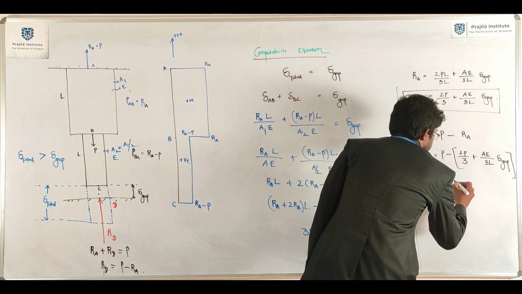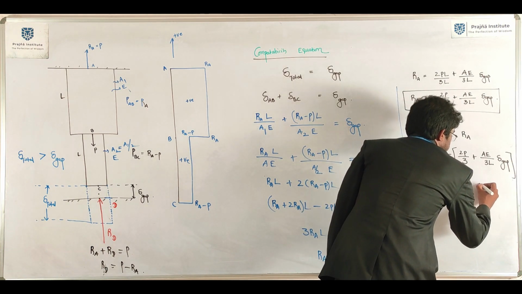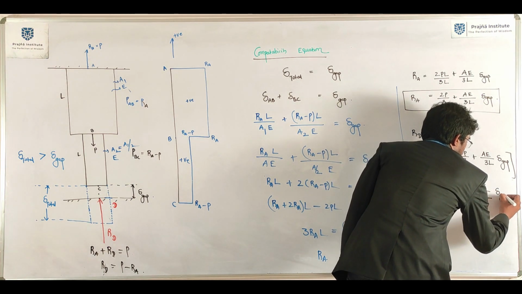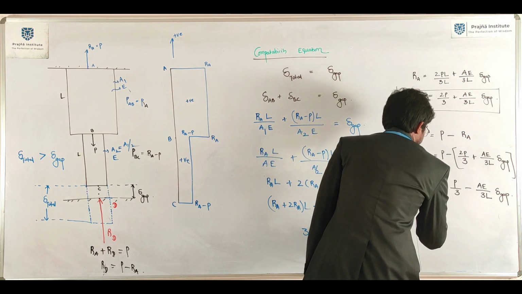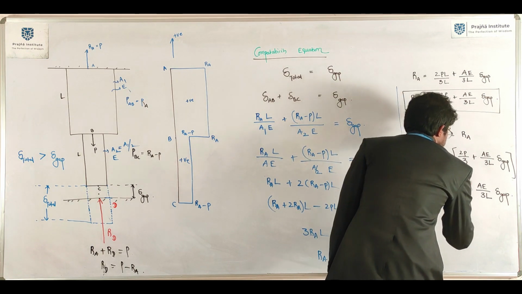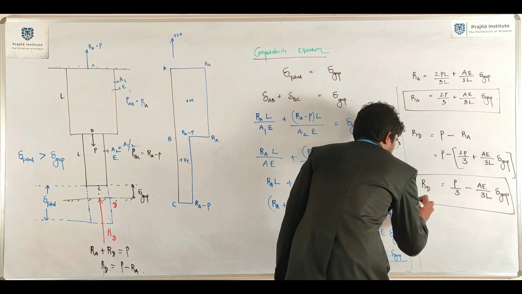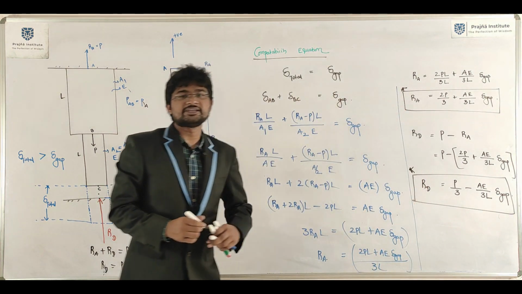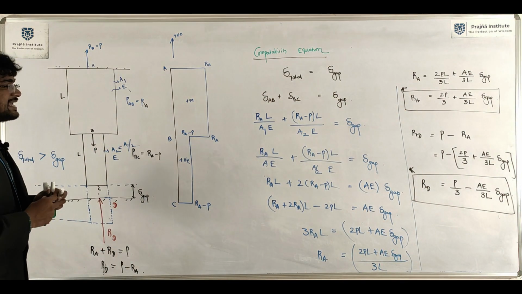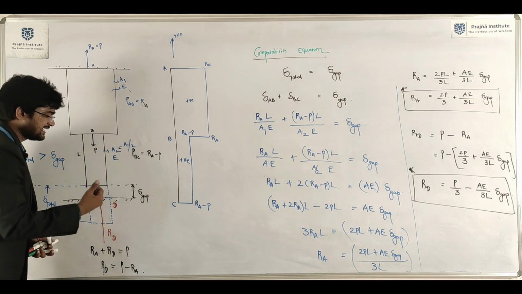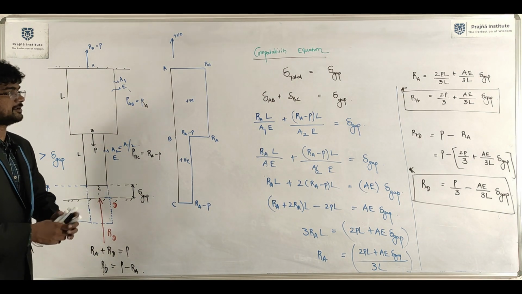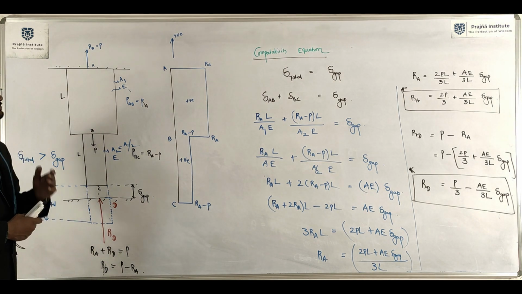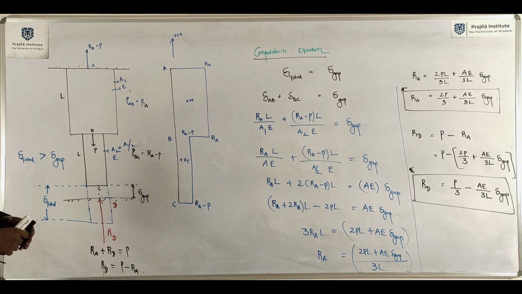It is P by 3 minus AE by 3L delta gap. So finally, this is the magnitude of support reactions RD and RA. This is the way to determine support reactions when delta gap is given in the question. It's very simple. Understood now?